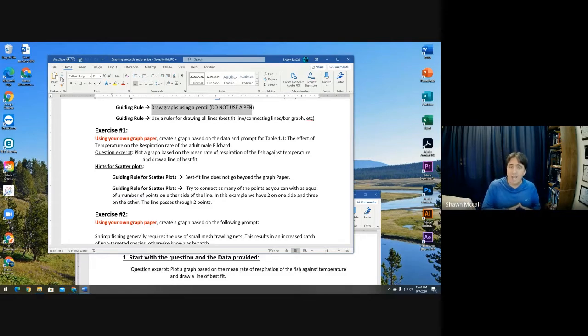The guiding rule for scatter plots is that the best fit line does not go beyond the graph, and you try to connect as many of the points as you can with equal numbers of points on either side of the line, or as equal as you can. We'll show what the results are in a minute. So this is the first graph. The second graph we'll get to in a minute. Let me switch over to the aerial view and let's draw out this first graph together.